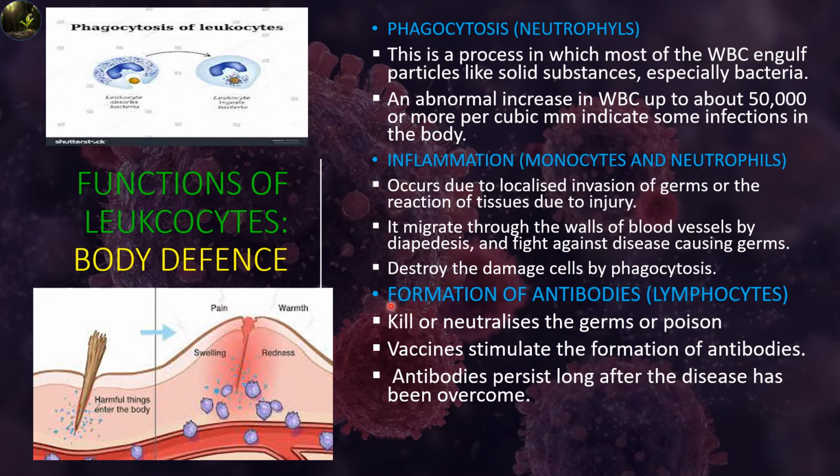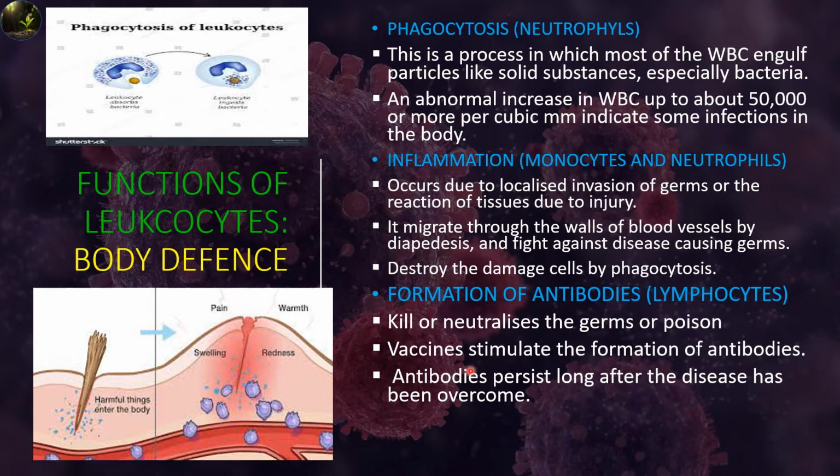The next point, formation of antibodies. The main function of lymphocytes is the formation of antibodies. These antibodies kill or neutralize the germs or poison. All of you got the second dose vaccination, so now it is familiar, right?